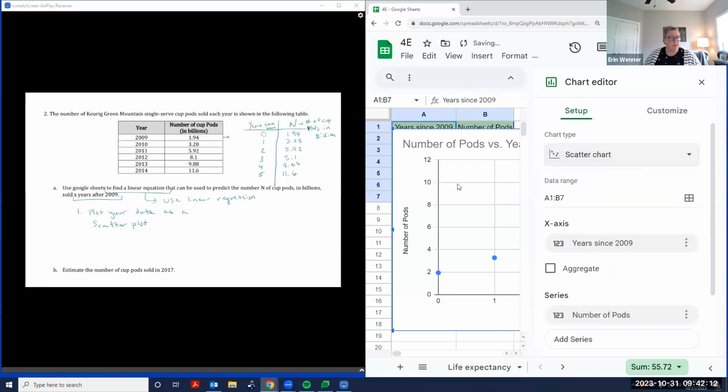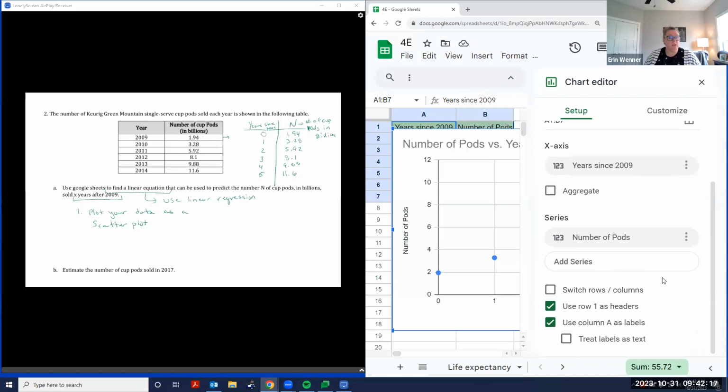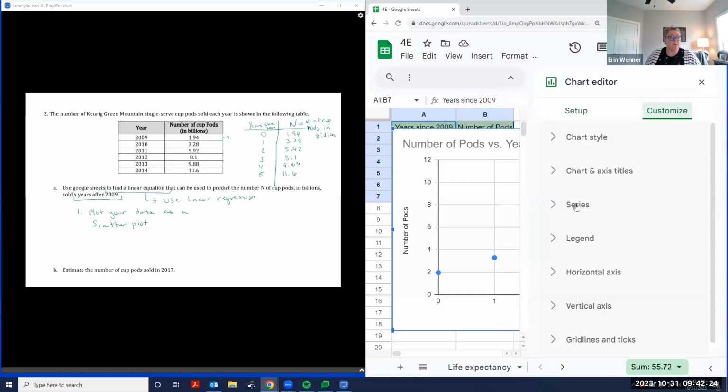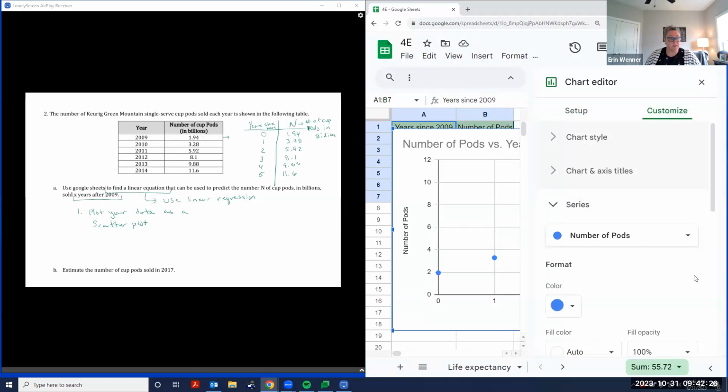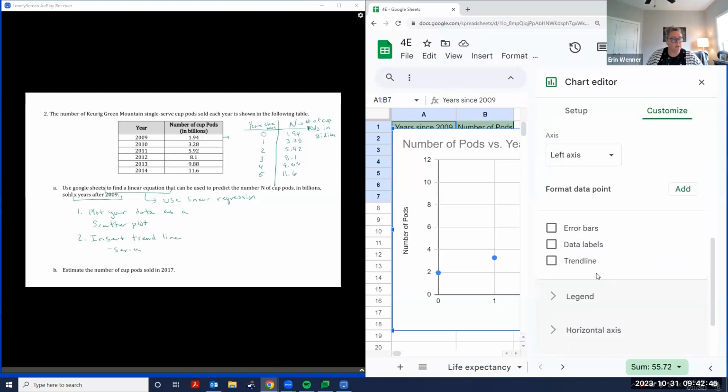So we've got that scatter plot, and then remember, in order to insert our trend line, we are going to go over here to customize, and you're going to go down to series. So insert trend line. You're going to go to series, and then after series, you're going to go down to trend line.